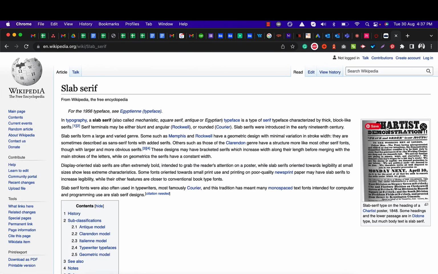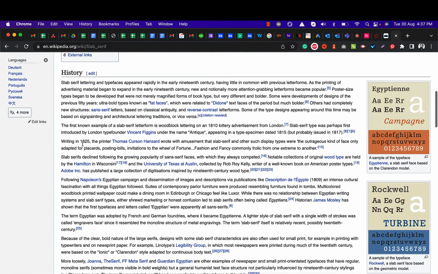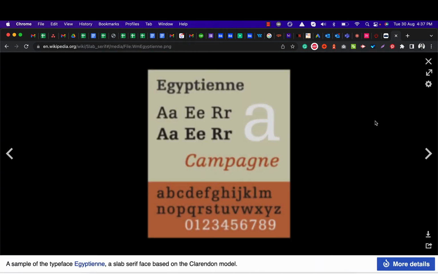This font also has the same width. And the difference between slab serif and monospaced, let me explain. So this is what we have: E, G, Y, P, T all have the same width, right?